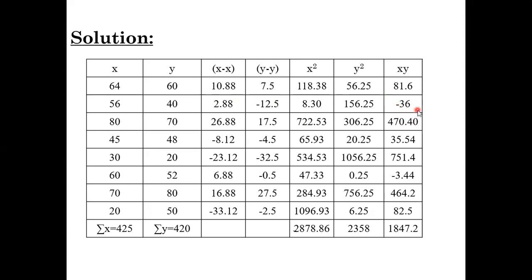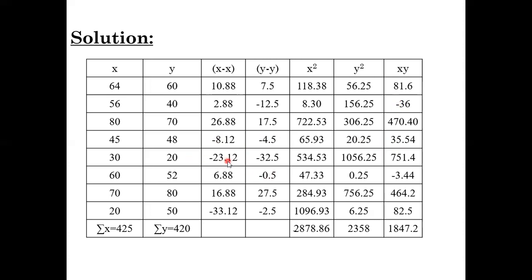Sign minus 36. Okay, 26.88 into 17.5, you will get 470.40. 8.12 into 4.5, 35.54. Here minus is there, here also minus is there. So minus into minus, plus. No need to write the plus sign here. If you get a minus value, only then write the minus sign.